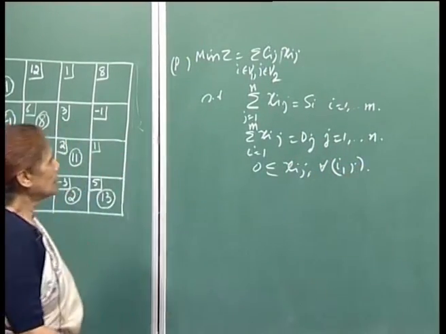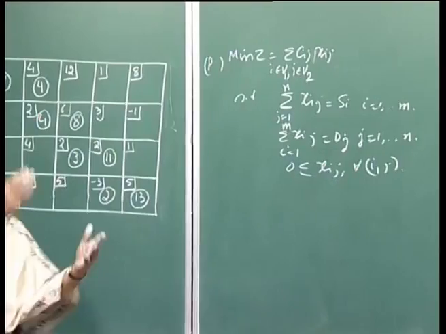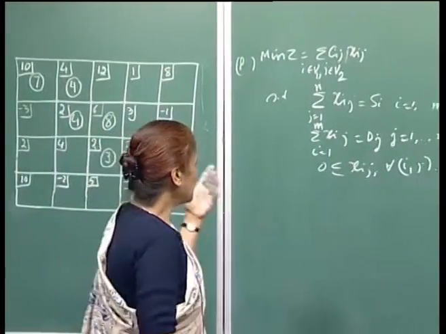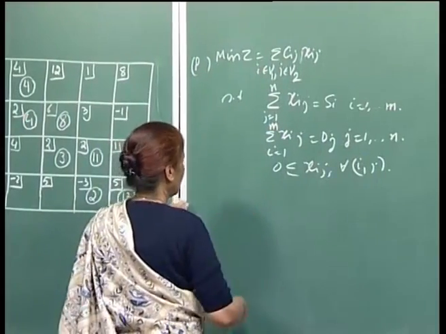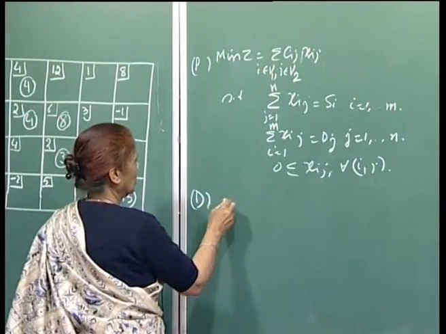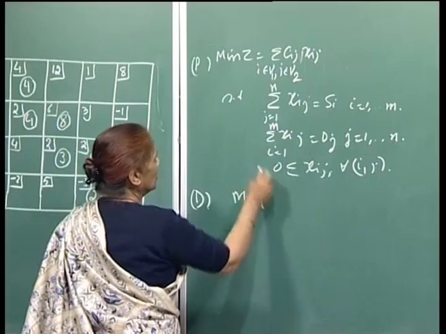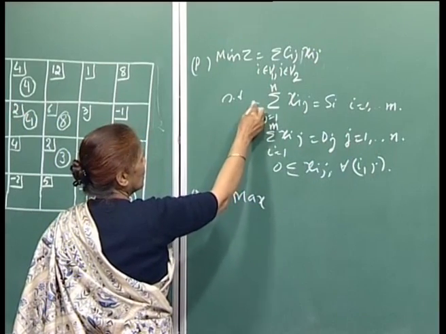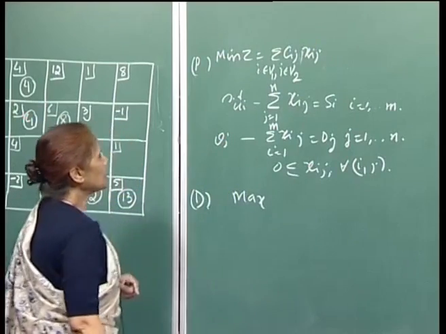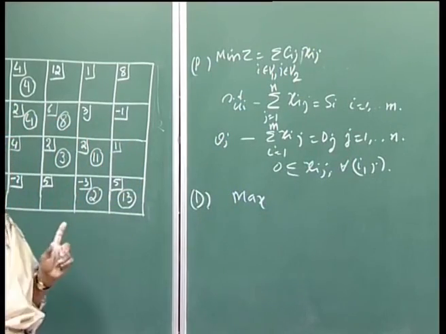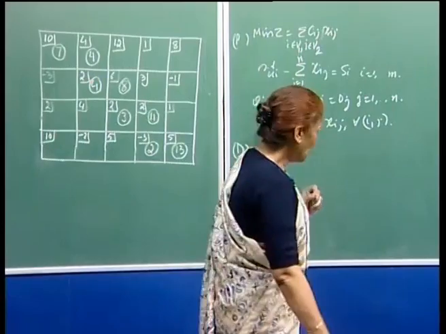Okay. This is your primal problem, and as we said, every column has only 2 entries plus 1, or well, in this case we are writing plus 1 plus 1. So, what will be the dual? This will be maximize. So, we will associate with this ui and with this vj just to distinguish. So, ui's refer to the supply constraints and vj's refer to the demand constraints.